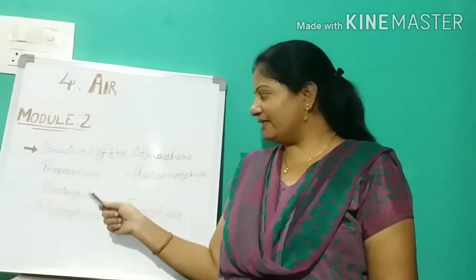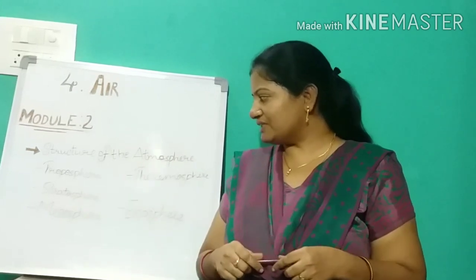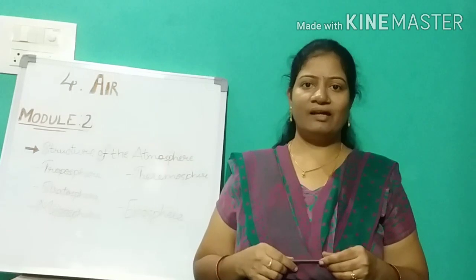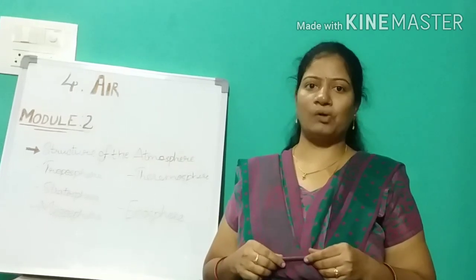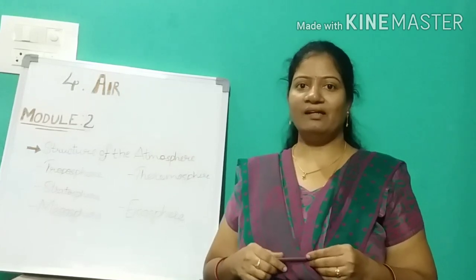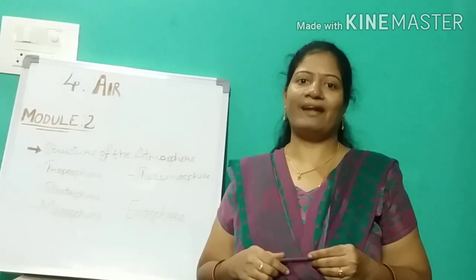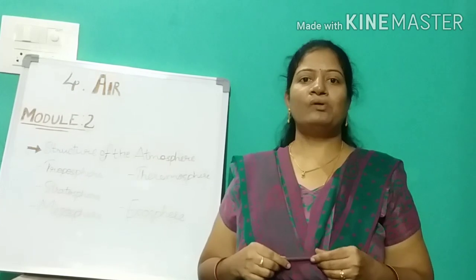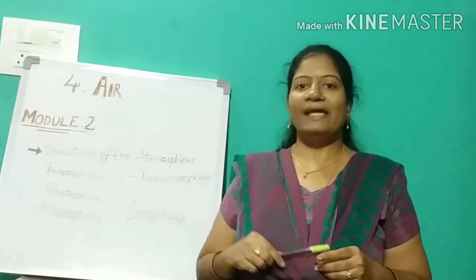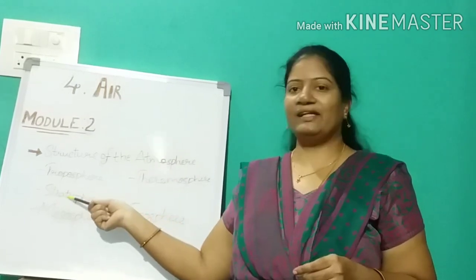Okay, and next, coming to the stratosphere. The stratosphere is the second layer of the atmosphere, and after the tropopause, the stratosphere starts. In the stratosphere, the weather will be dry. No clouds, no rains, so it helps flights to fly.